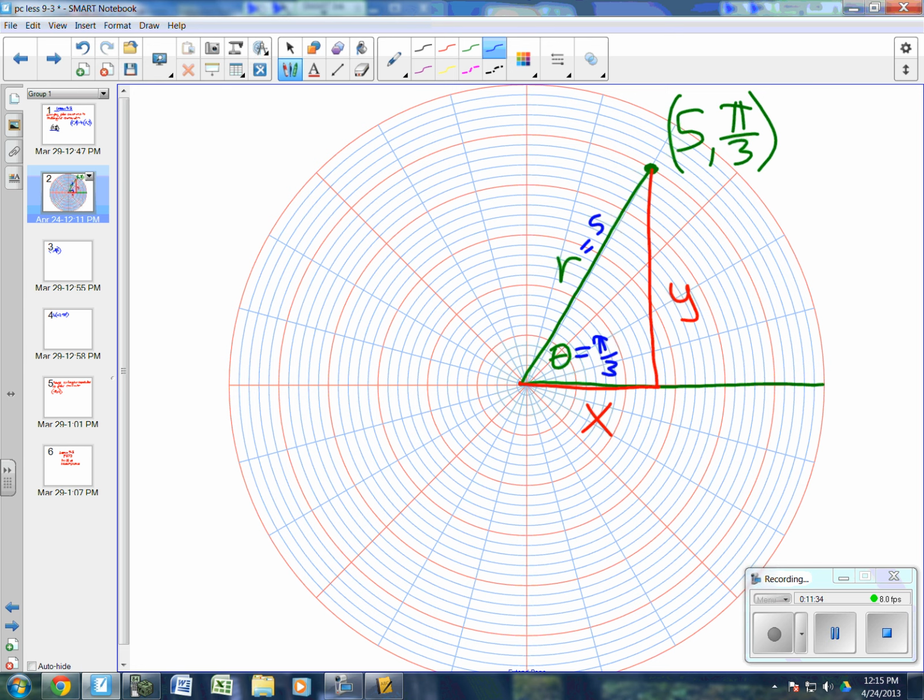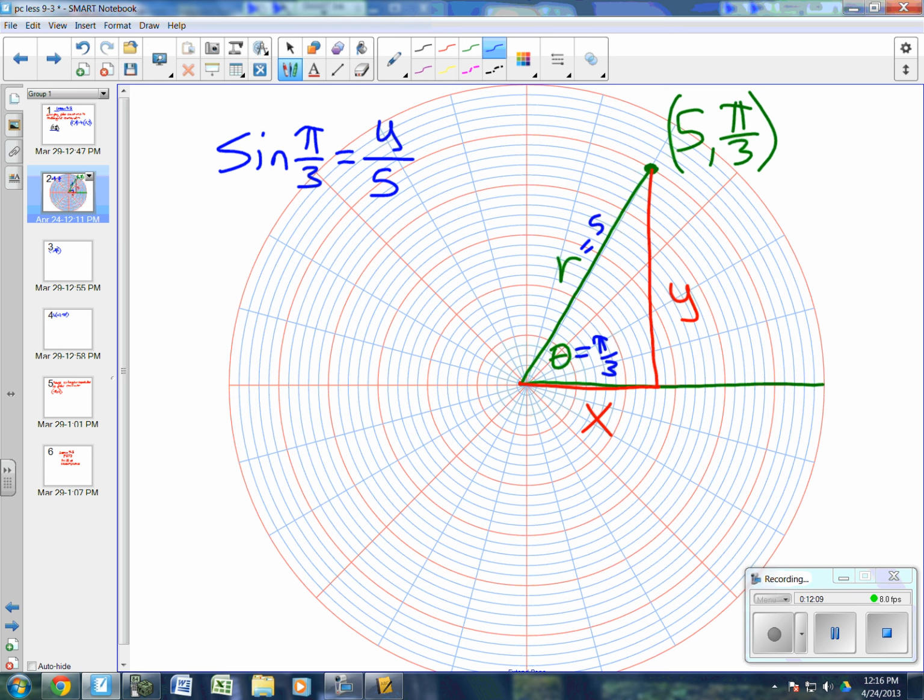I know theta, right? Everybody look at this. I know theta. I want to know the opposite side of the angle, which is y. Let's say I'm looking for the y coordinate. And I know the hypotenuse, right? What's an equation I could write? I could use sine. Sine of pi thirds is equal to opposite over hypotenuse, right?